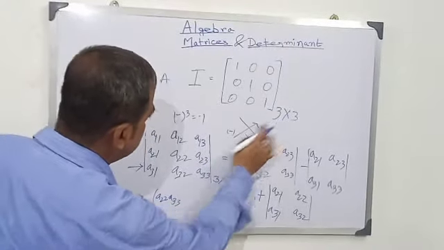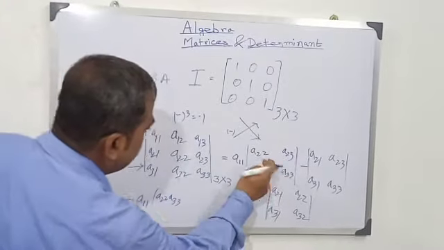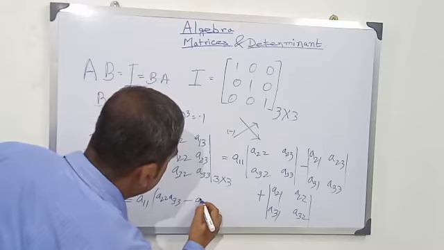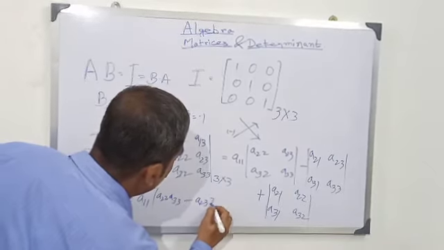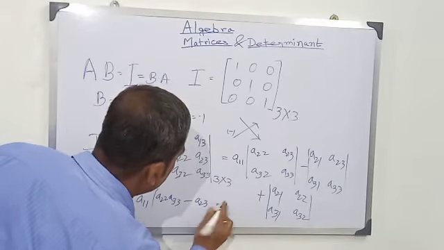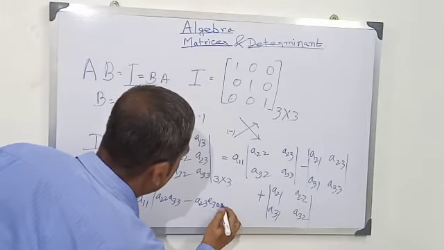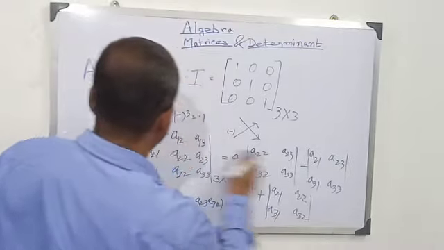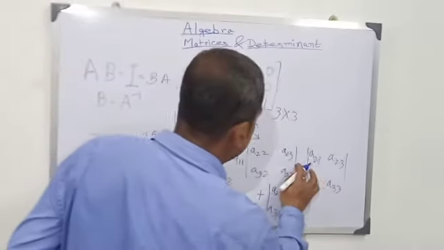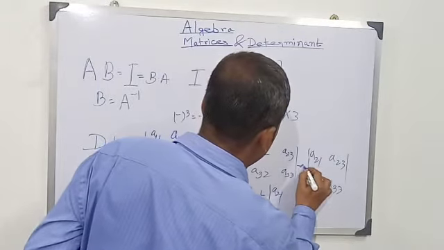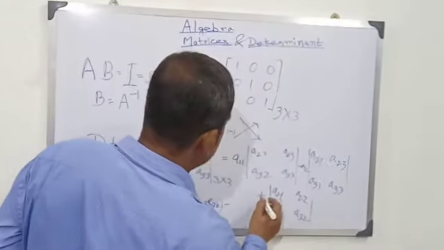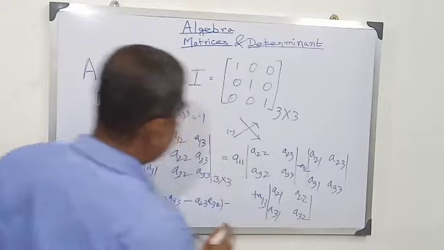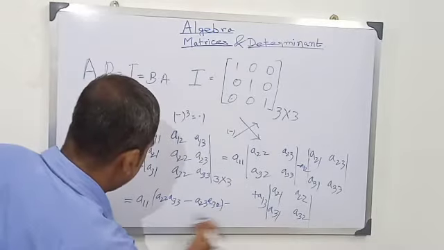Always this minus this. Now negative minus a12 is there, minus a12 as well as plus a13 is there.